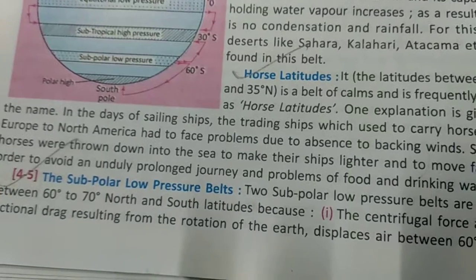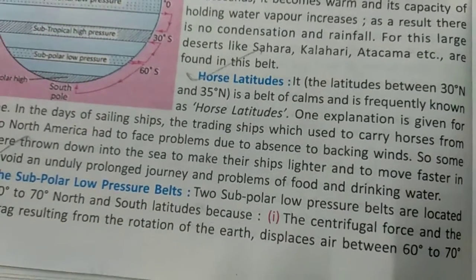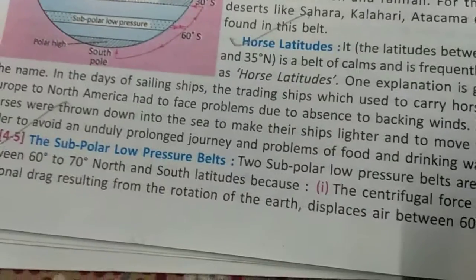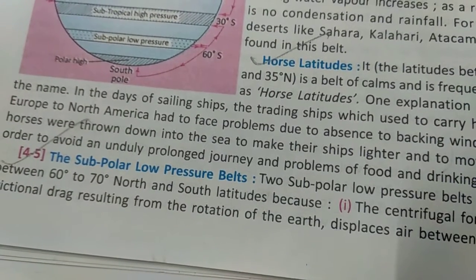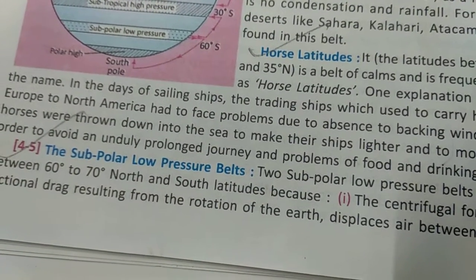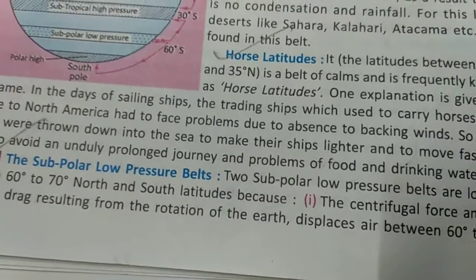Why is it named horse latitude? It is believed that in earlier days, when sailing was done on ships and trading was done, they used to carry horses from one place to another, from Europe to North America, and faced problems as there was no wind for sailing the ship.